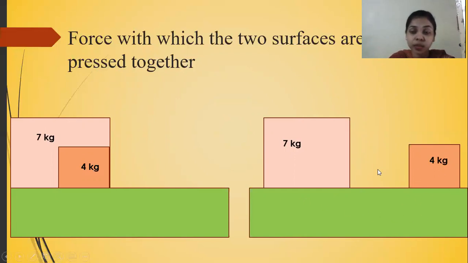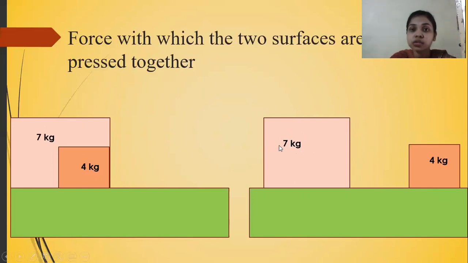Of course, the object whose weight is less moves farther. So why does this happen? The 7 kg box does not travel a greater distance, but the box whose weight is 4 kg travels a greater distance, because it depends on the force with which the two surfaces are pressed together.